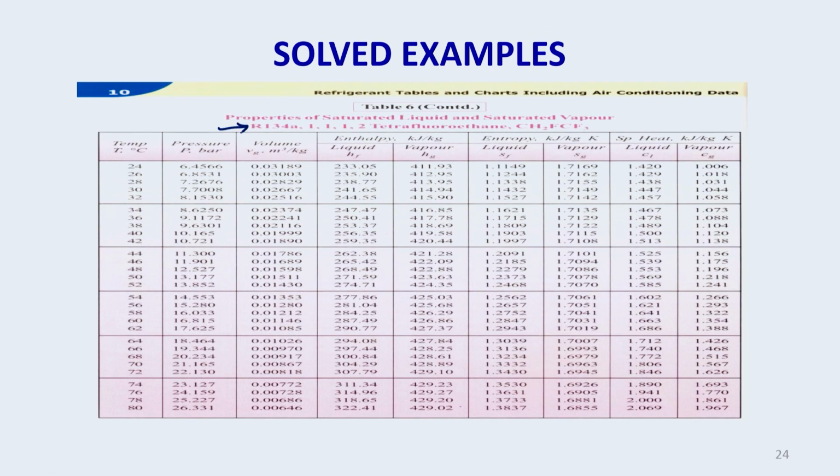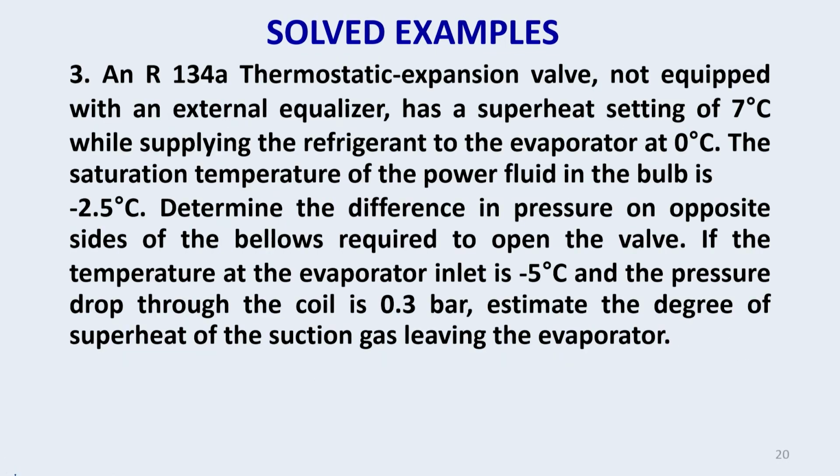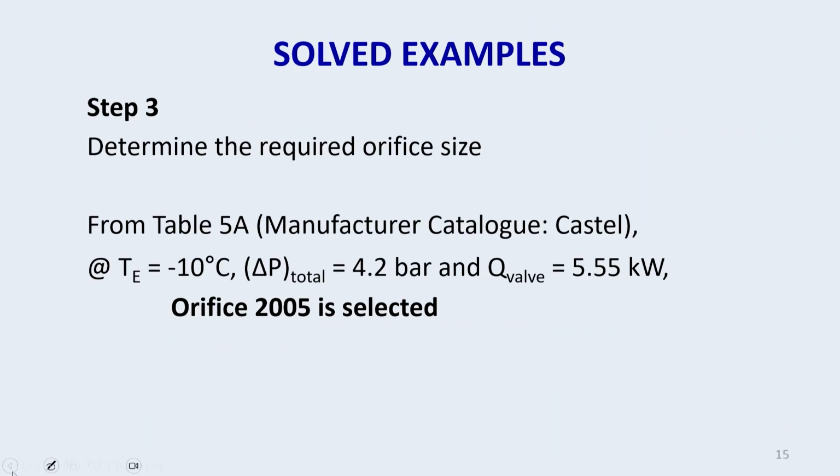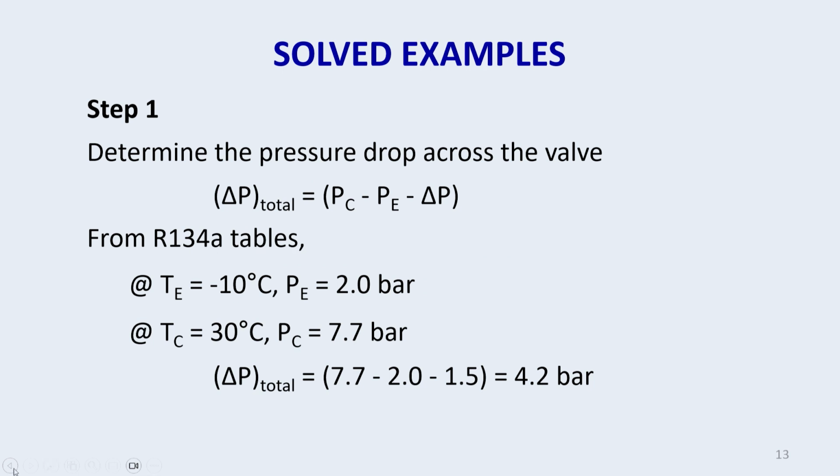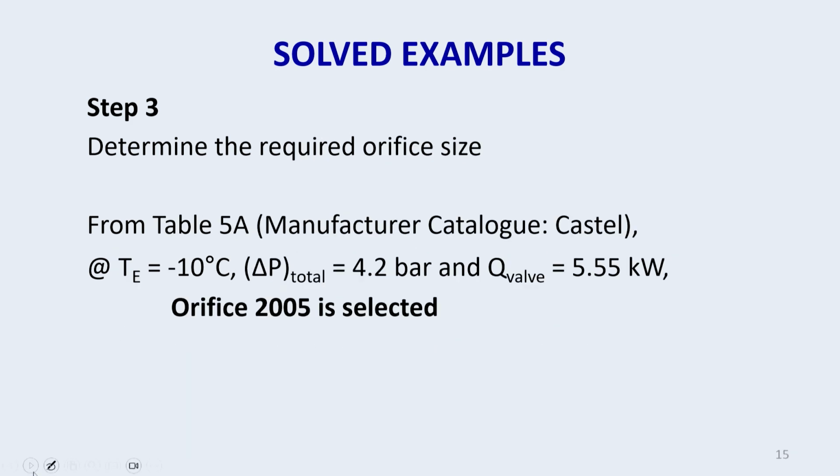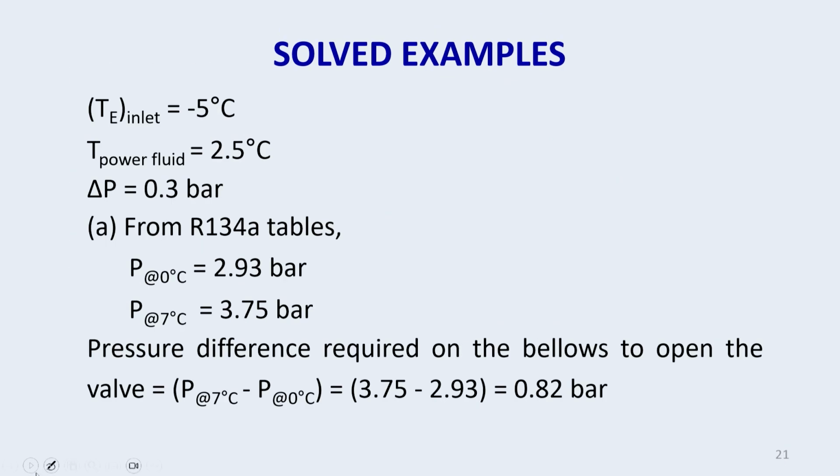This is the R134A table. Corresponding to 30, the pressure is 7.7 bar. And corresponding to evaporator temperature, minus 10, it is 2 bar. Let us mark these values in the table.